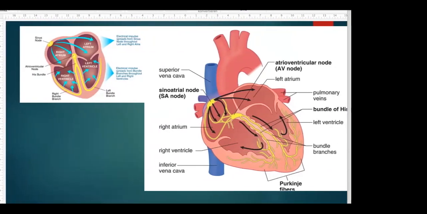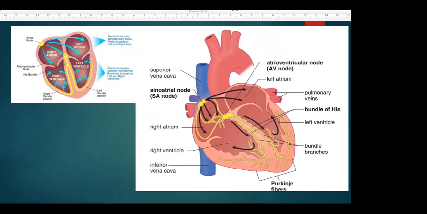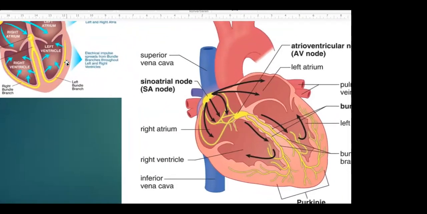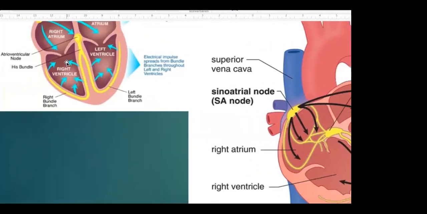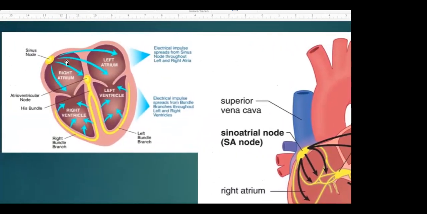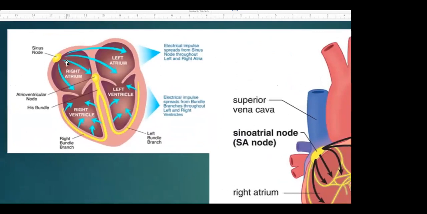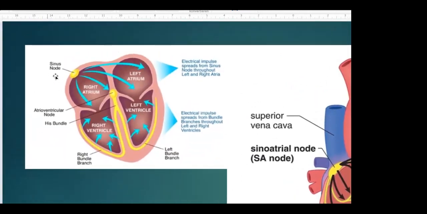For you to understand LBBB or RBBB, you have to be familiar with the conduction path. So let's just repeat it again. We talked about the primary pacemaker, that is the SA node. From the SA node, the atrium contracts and it goes to the AV node. Then from the AV node, there is a transmission from the atrium to the ventricle.